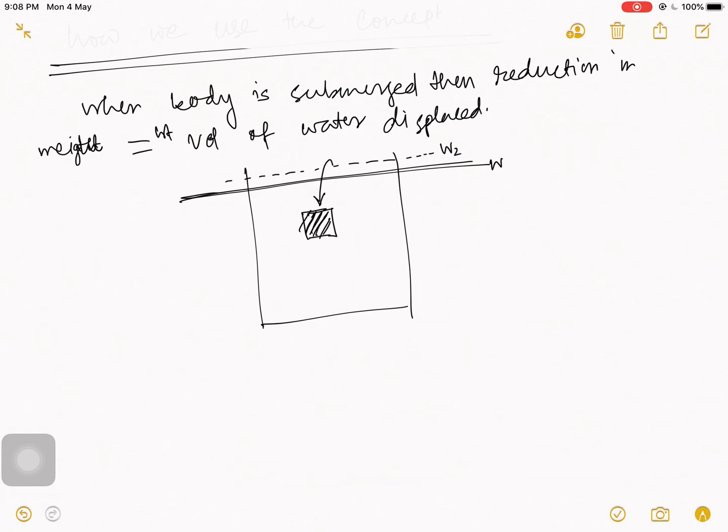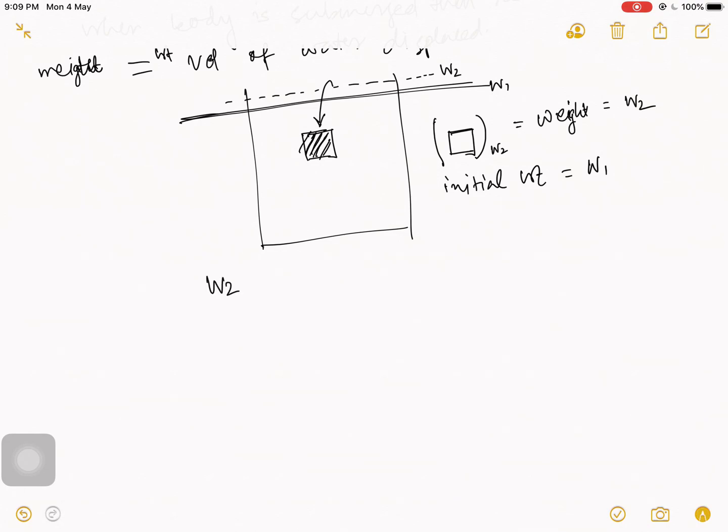This is W1, and when the material is put in the water and the water level is now W2, then the weight should be W2, and initially the weight was W1. So we can write W2 equal to W1 minus the weight of water.